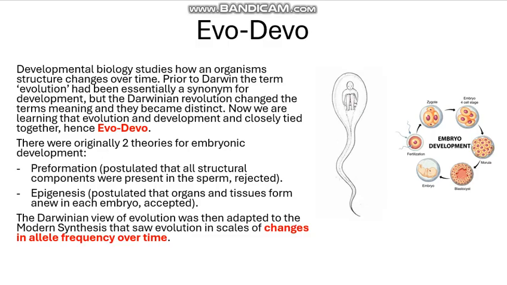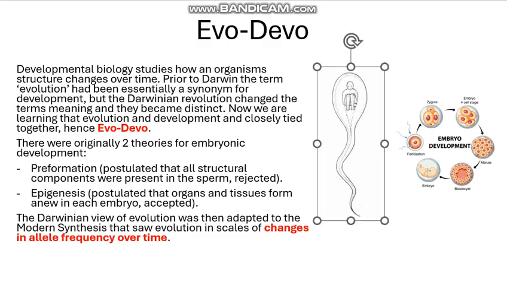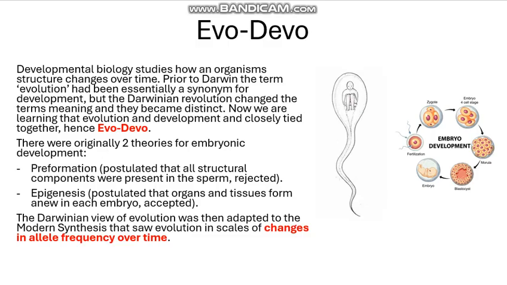There were originally two theories for embryonic development: the preformation theory, which postulated that all structural components were present in the sperm. This is a rejected theory because it wasn't true. If you look at this image here, it's what the preformationists thought.